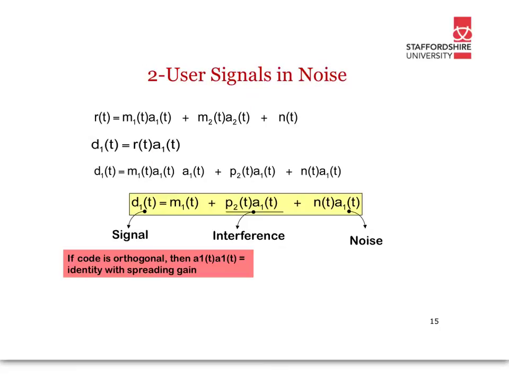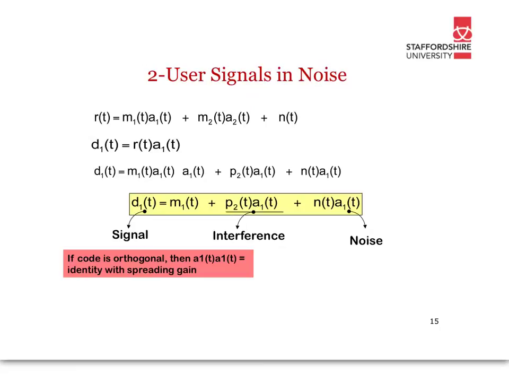So what we have is M1 of t, A1 of t times A1 of t, plus P2 of t, so the power of our second message, times A1 of t. So essentially P2 of t is M2 of t, A2 of t times A1 of t, plus noise, or the additive white Gaussian noise, times A of t.